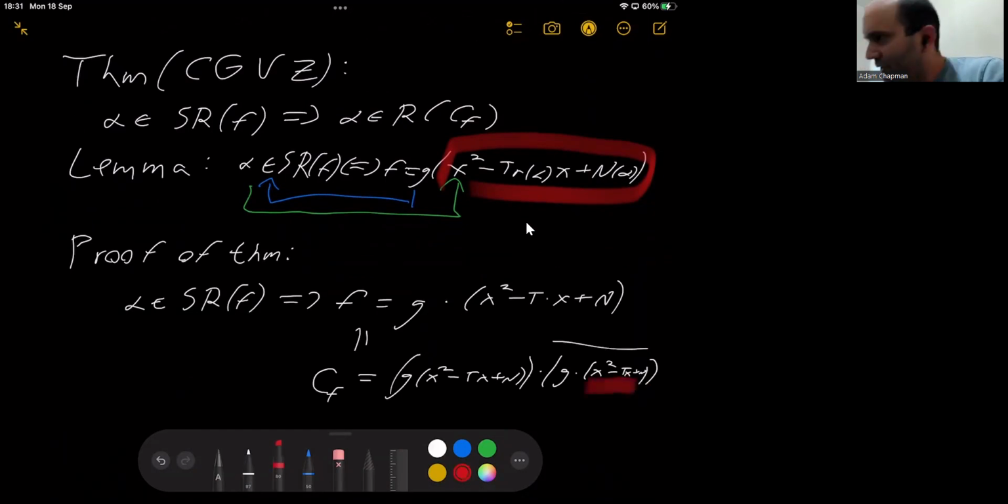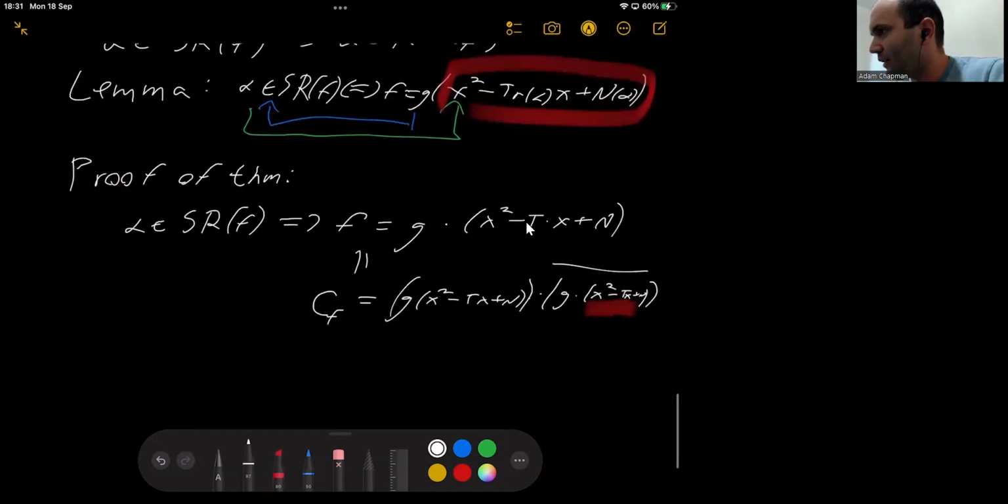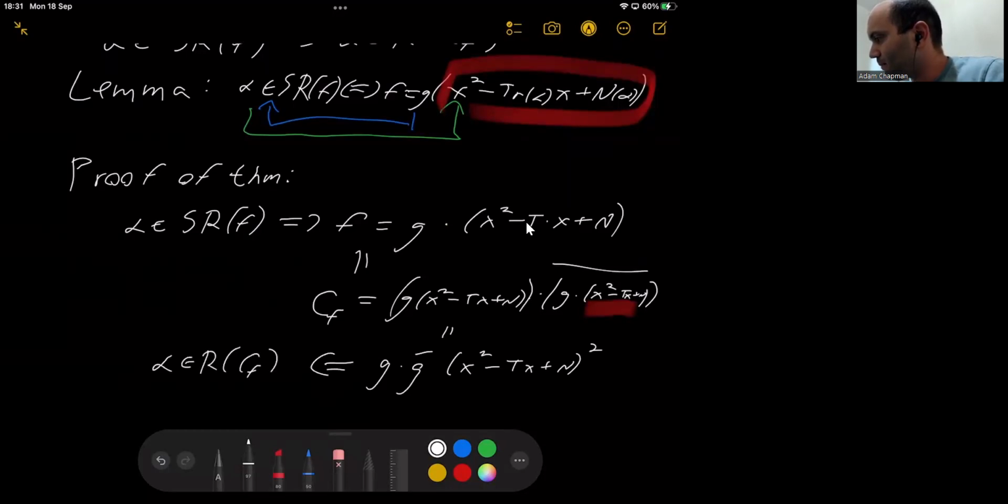However, this guy is central, so you can just take it out, and it's immune to conjugation, to the involution, and eventually you get g times g bar. It doesn't matter, it's exactly the same. G bar times g, g times g bar times this polynomial. Well, so you have a right factor of this polynomial, and that means by the same lemma that alpha is a root of the companion polynomial.